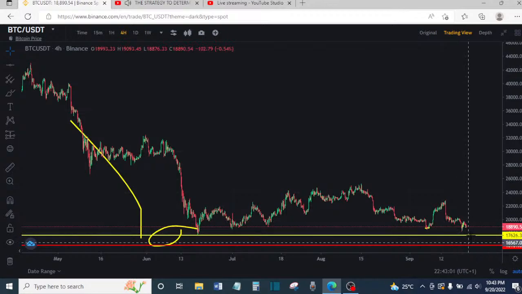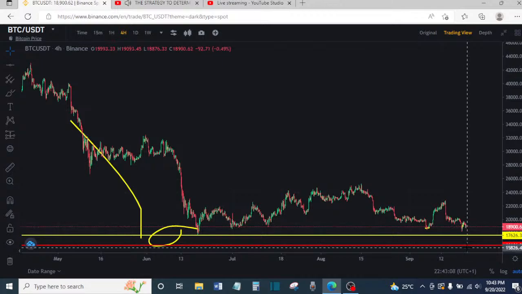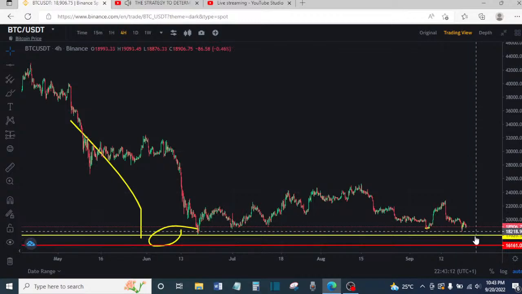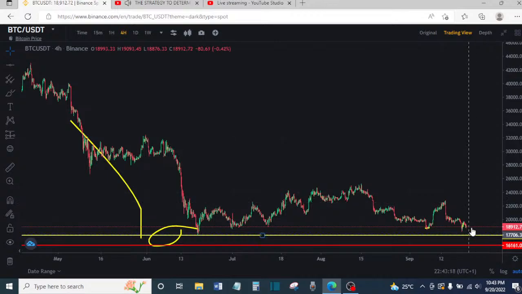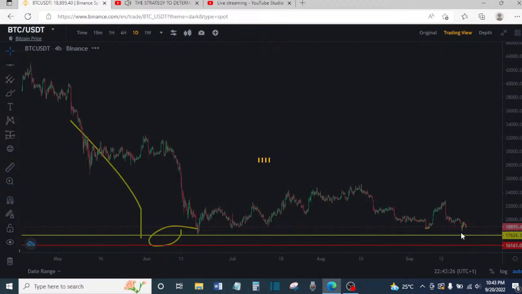But if you want to be more certain, what you need to do is wait for price to crash down to the $16,000 mark, then form a pin bar, then halfway through the pin bar, you can go long. I would expect that to be on the daily chart, not on the 4 hour chart. That should be on the daily time frame.